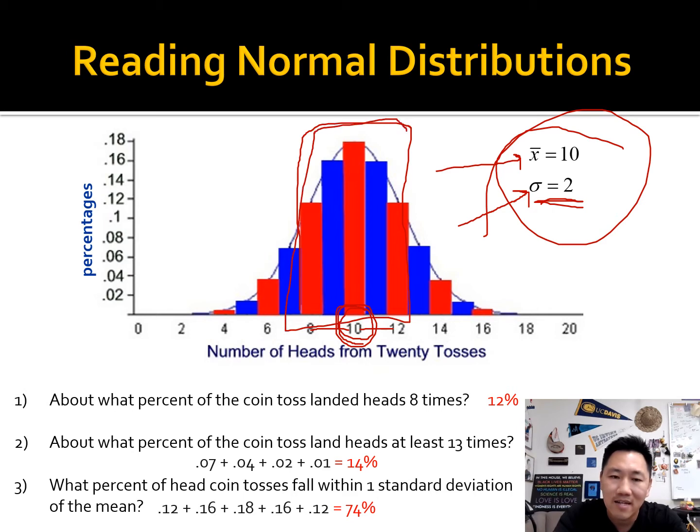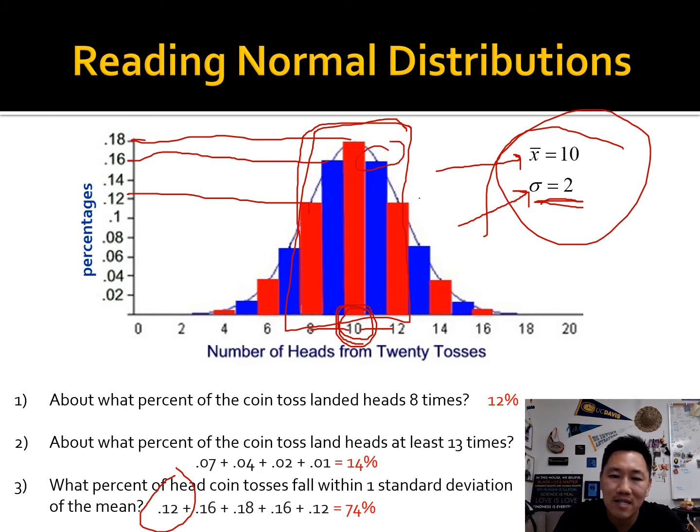So we have to look at this first piece, which is the 12. The next one over, which is 16, the very top, 18. This one is also 16, and this one is 12. So all of these guys fall within 1 standard deviation away. And so that's how I got those numbers. Add them up, it's about 74%. All right. Moving on.